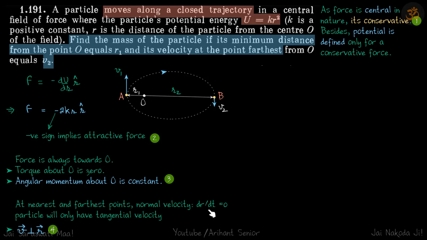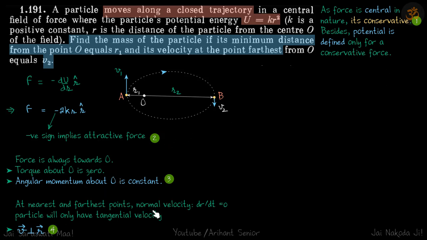So at the nearest and farthest points, the normal velocity, which is dr by dt, is 0, and the particle will have only tangential velocity. This implies that the velocity at A and B is perpendicular to the r vector.